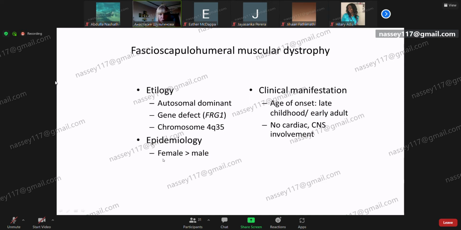Epidemiology: much more common in female than male. Age of onset is usually late childhood or early adult. And we're not seeing any disorder of the cardiac or endocrinological system as we see in Duchenne muscular dystrophy.